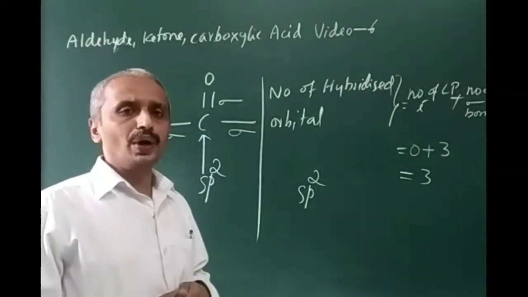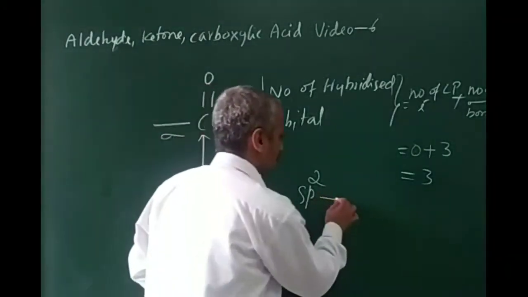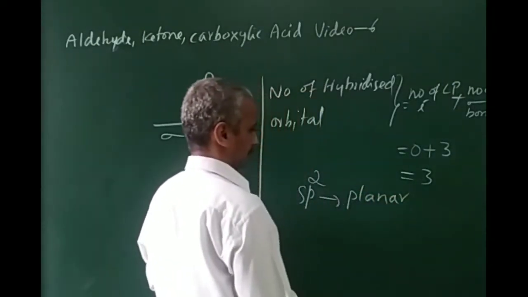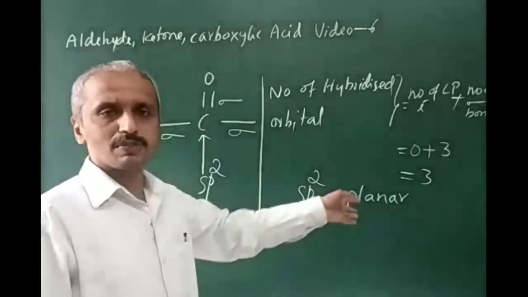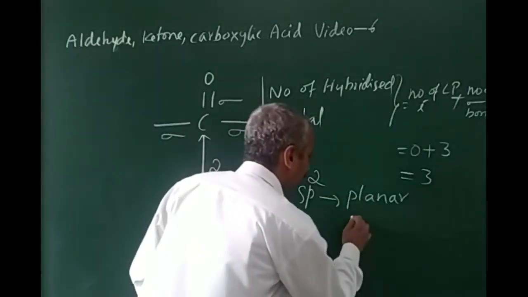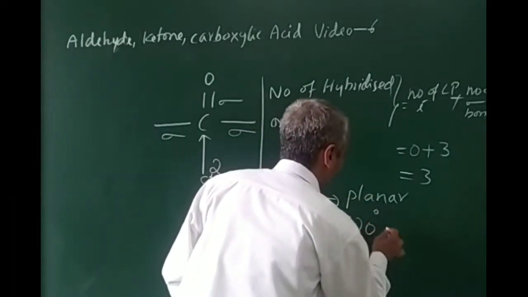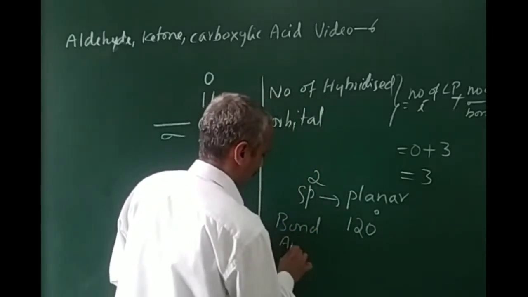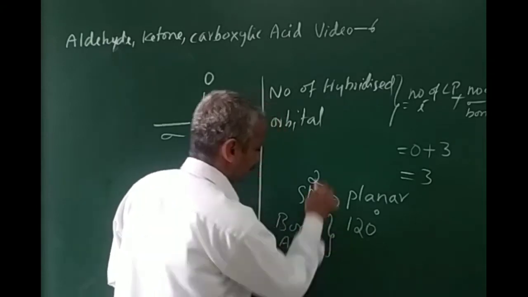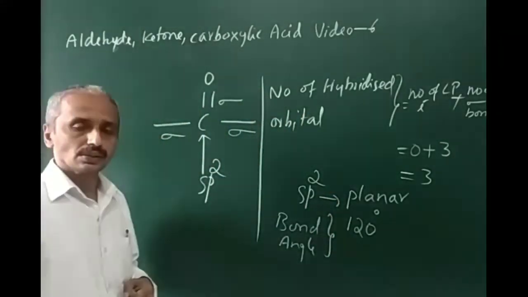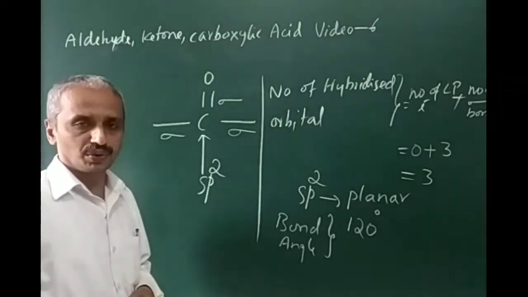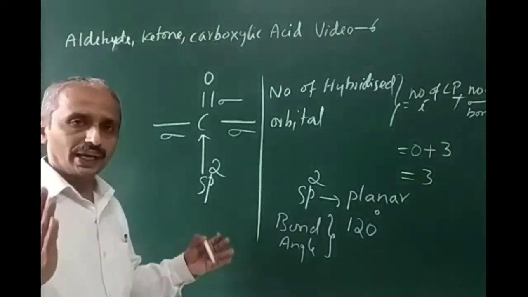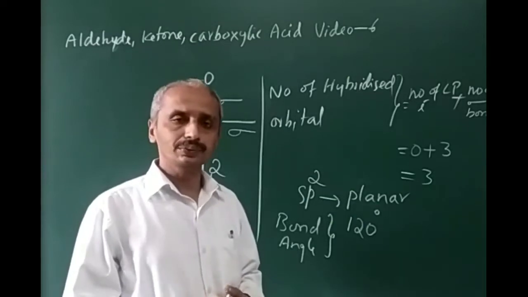When sp2 hybridization is there, it is planar in nature, which means the geometry is planar and the bond angle is 120 degrees. A note on this: the question can be asked, what is the geometry of a carbonyl compound, say an aldehyde or ketone?